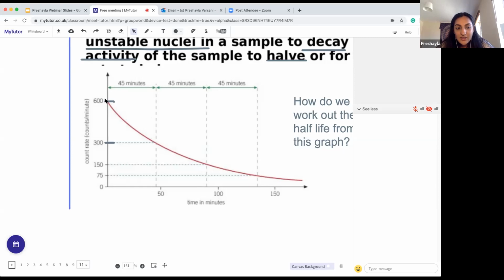So we mark this on our diagram, and we see that it takes 45 minutes for our count rate to halve. So for it to go from 600 to 300, it's 45 minutes, just under our 50 minutes.